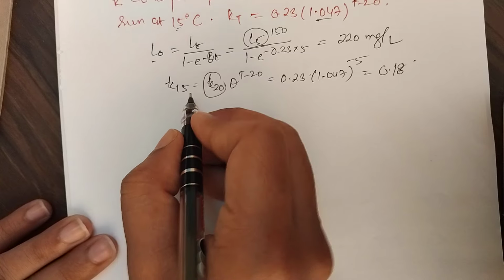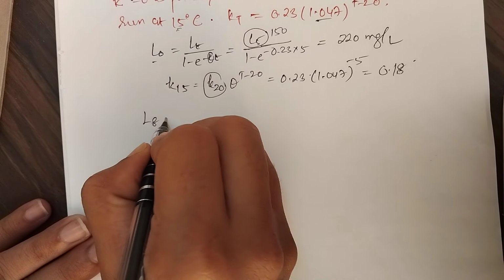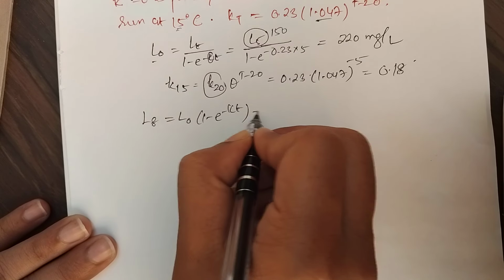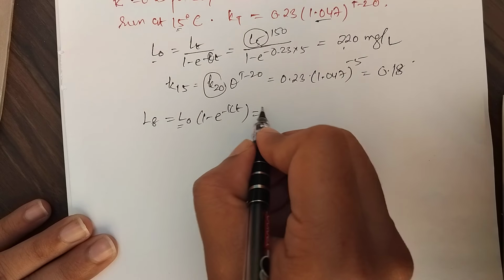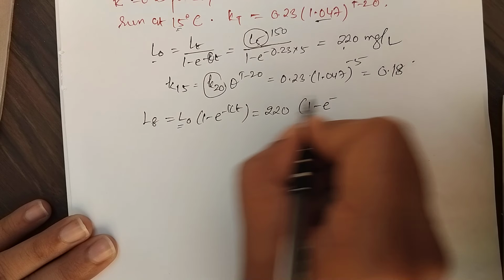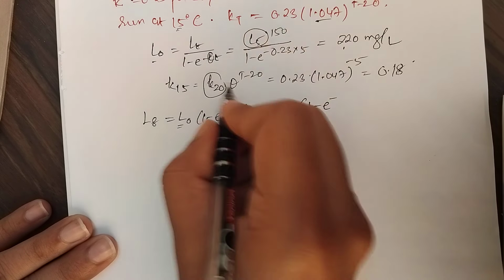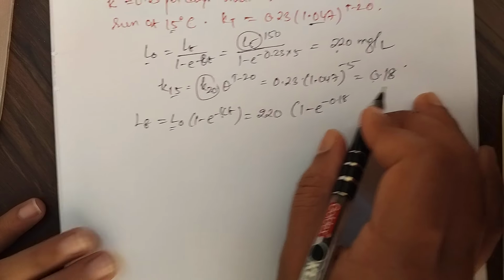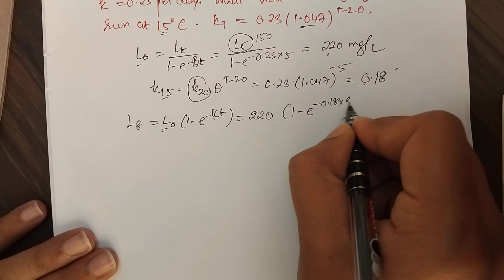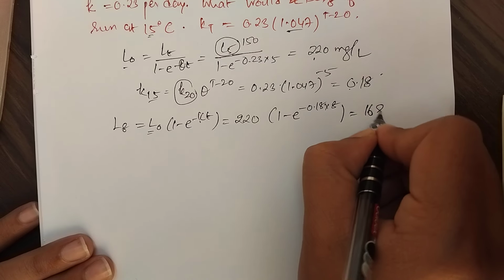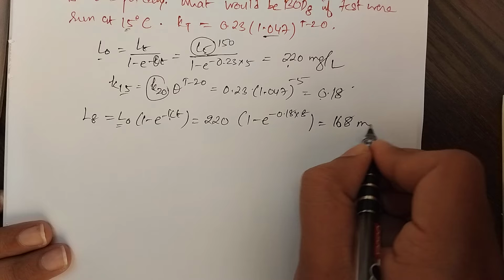Then to calculate L8, we just use L0 into 1 minus e power minus kt. L0 value is 220 into 1 minus e power minus k at 15, which is 0.18, into 8 after 8 days. This is 168 milligram per liter.